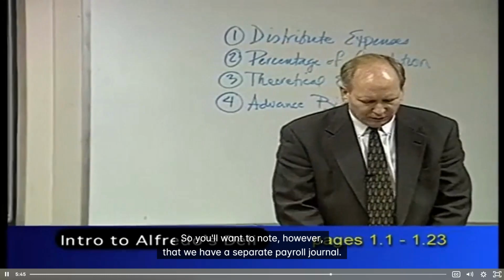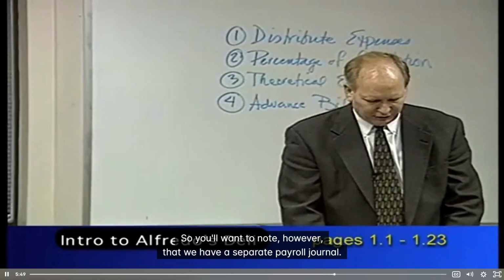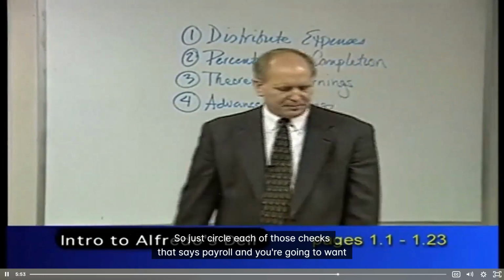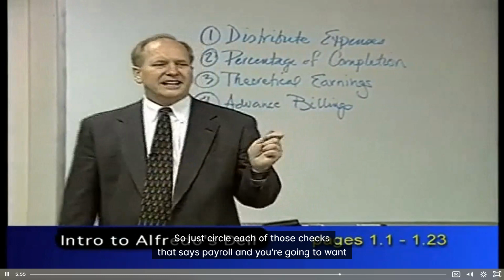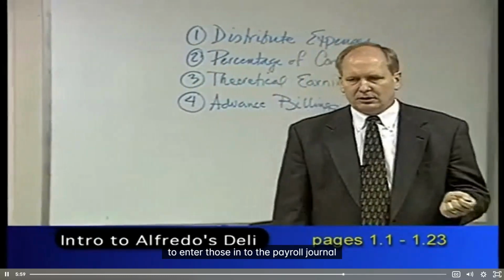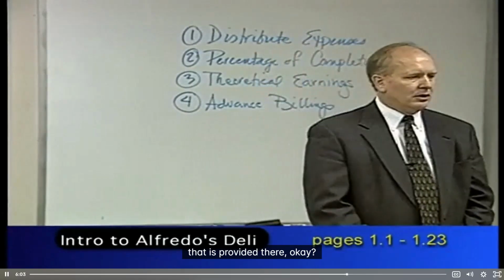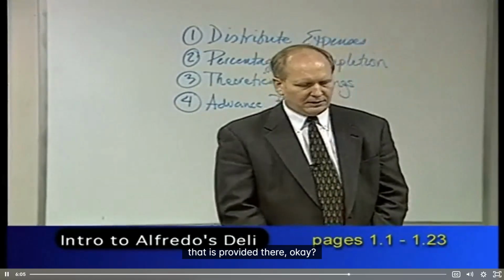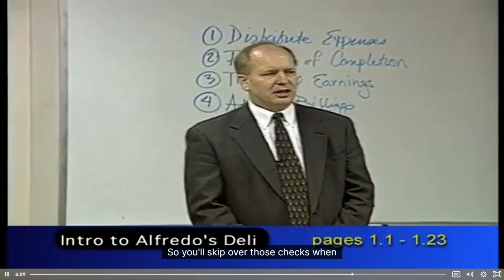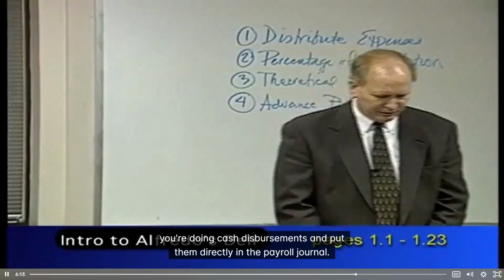So you'll want to note, however, that we have a separate payroll journal, okay? So just circle each of those checks that says payroll, and you're going to want to enter those into the payroll journal that is provided there. Okay? And that will be separate than the cash disbursements. So you'll skip over those checks when you're doing cash disbursements and put them directly in the payroll journal.